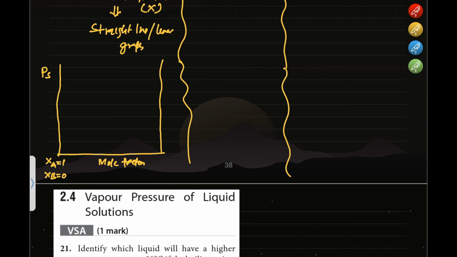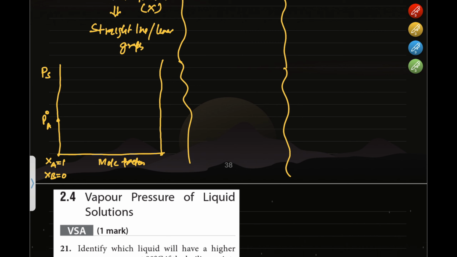At this point only component A is present, so only component A forms the vapor, and this is called the pure vapor pressure, represented by P naught A.